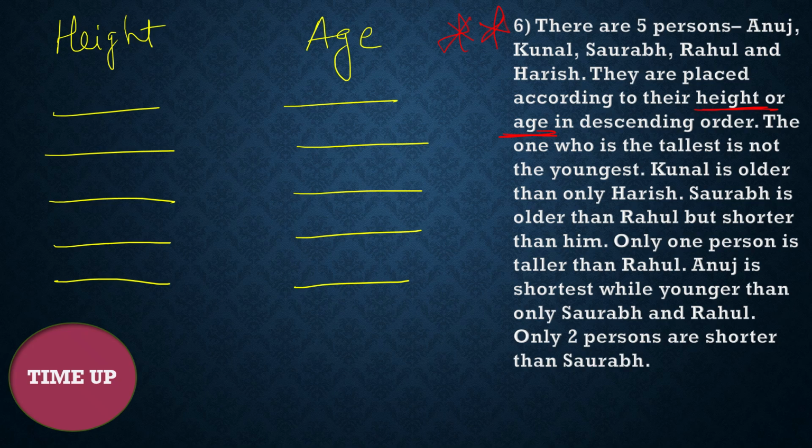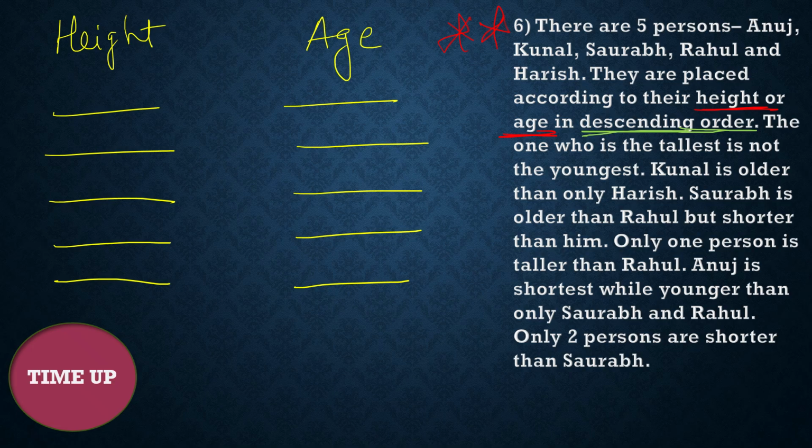There are 5 persons: Anuj, Kunal, Saurav, Rahul and Harish. They are placed according to their height or age in the descending order. Descending order means what? From bigger to smaller. Correct? That is descending order.